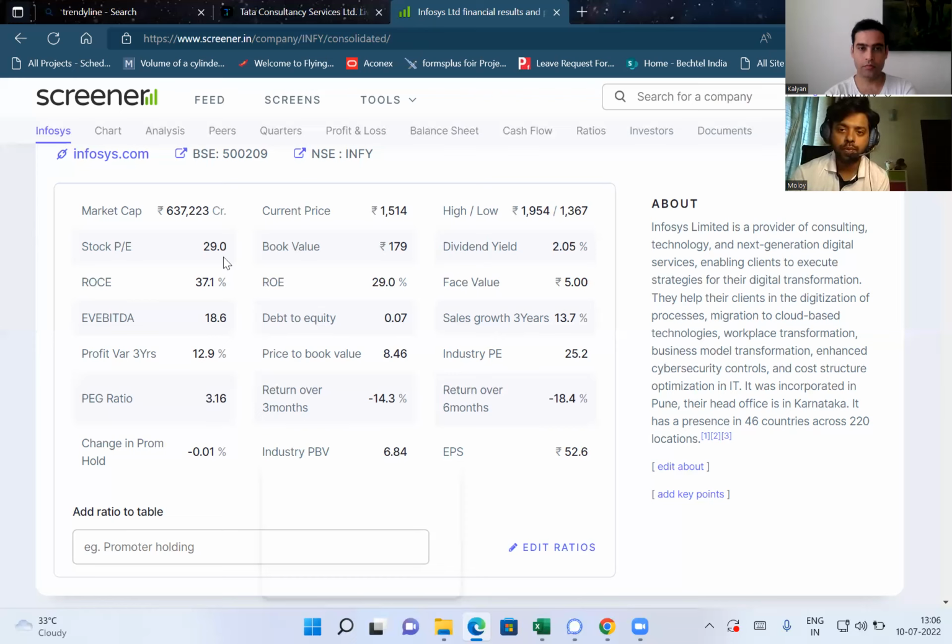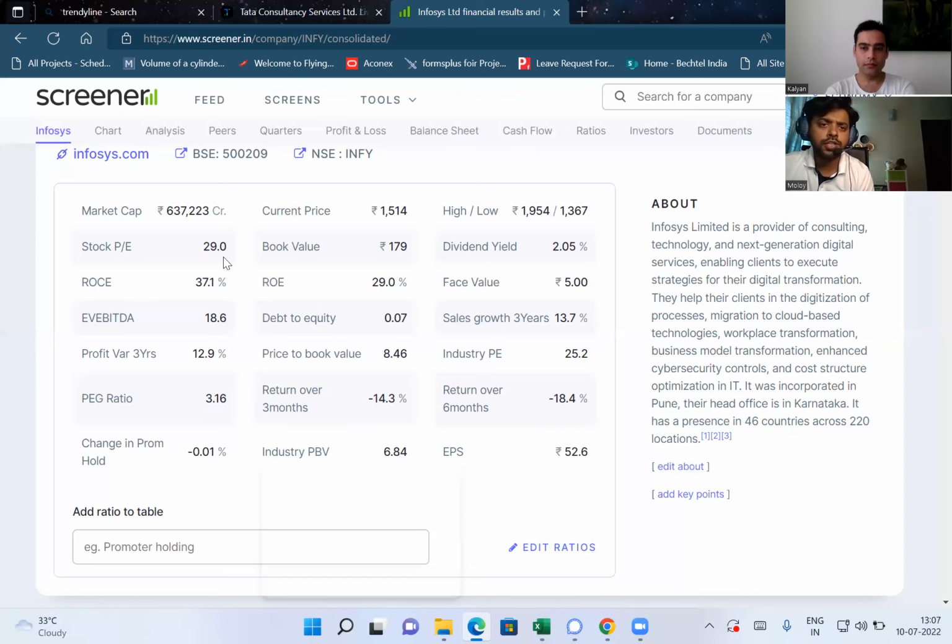So the more debt you have, the ratio goes up. The thumb rule is that if a company has a 0.5 debt to equity ratio, which means if it has say 5 crore of debt, then it should have equity plus cash reserves of 10 crore.